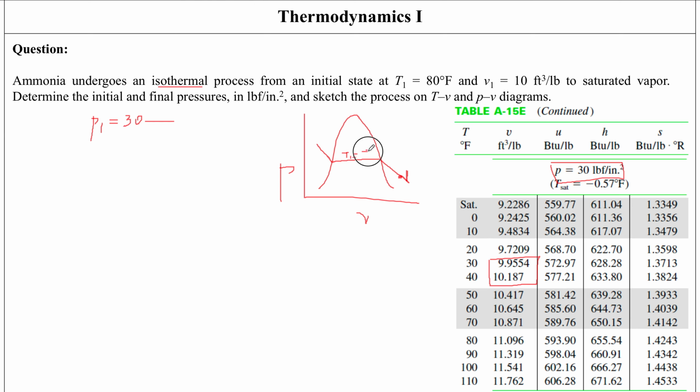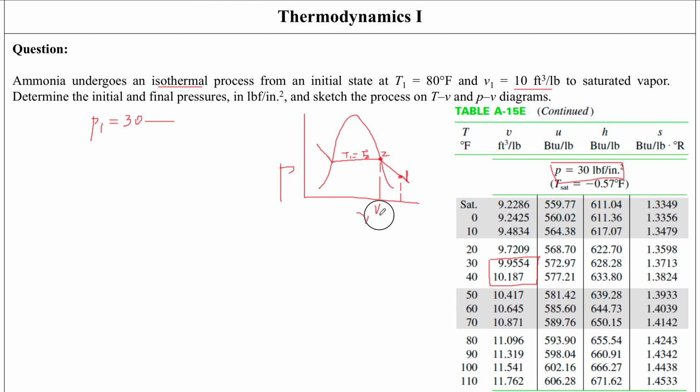So you're going to move on to the saturated vapor now. And the saturated vapor is going to be here, right? That means you had V1, which was equal to 10 feet cubed per pound. And now your V2 at this point is going to be equal to what?